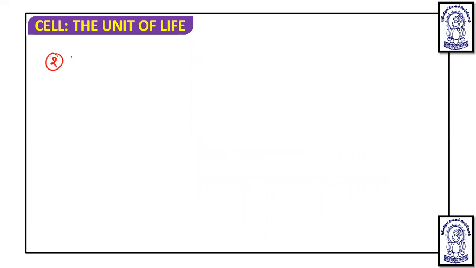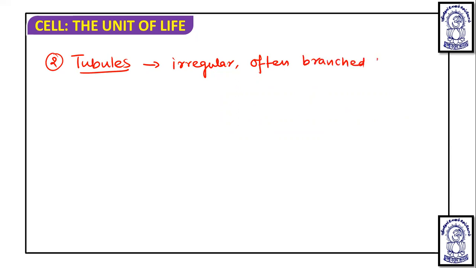Second component is tubules. And when we talk about these tubules, these are irregular, often branched tubes bounded by membrane.